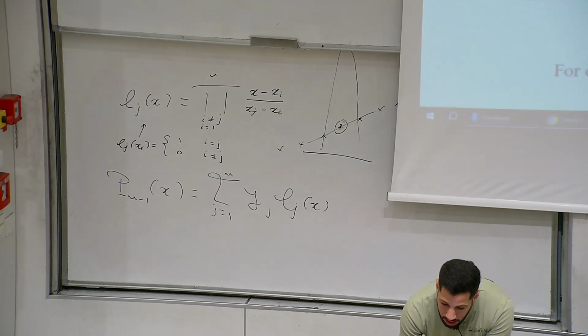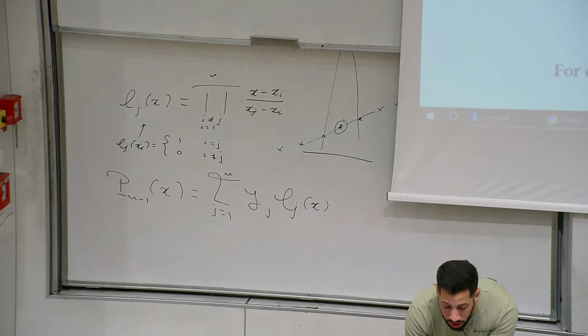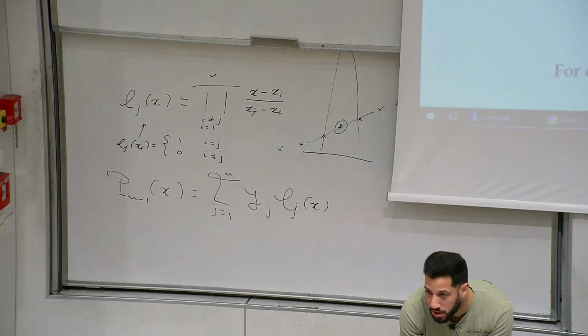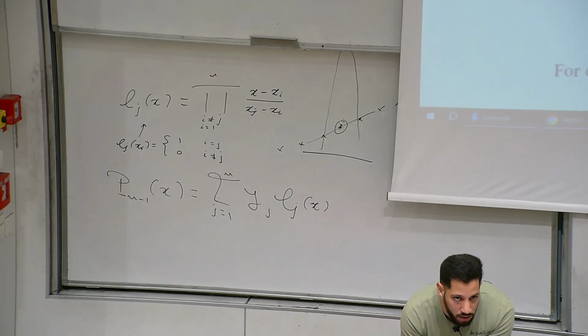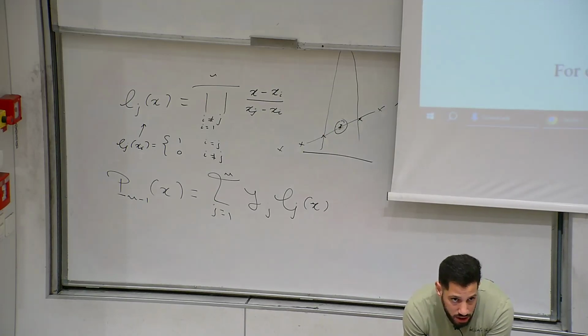You build the first polynomials from the first information. For example, at x1, you suppose that you have the information of x1 only. So your interpolation at x1 will be p1, which is y1. Okay, so that's the polynomial. It's a polynomial of order 0.